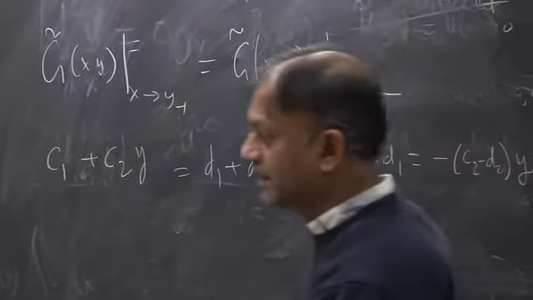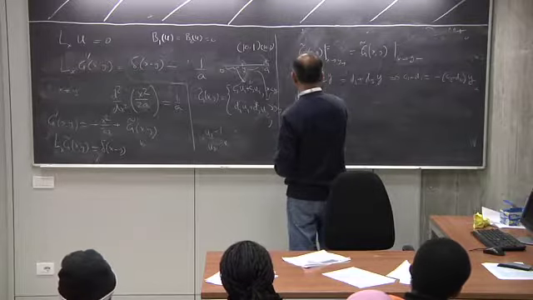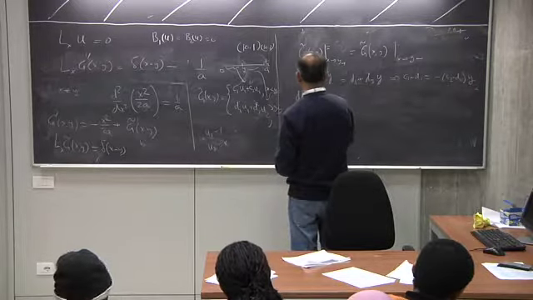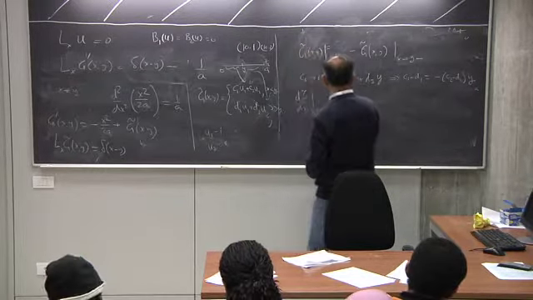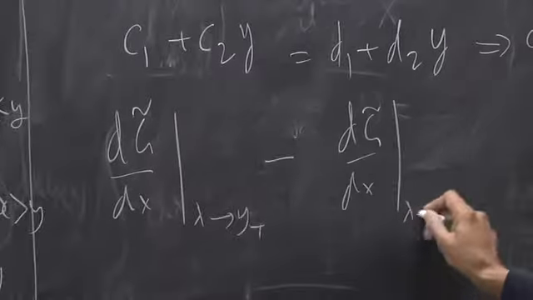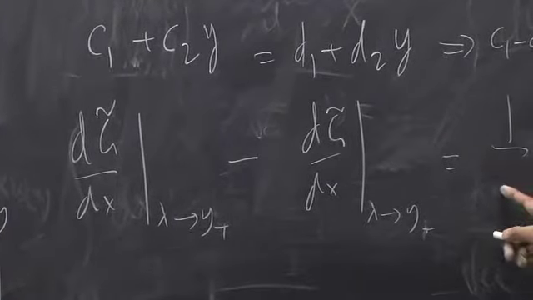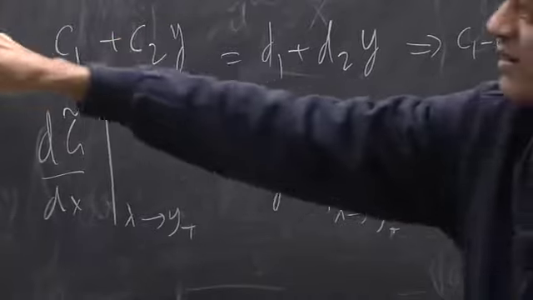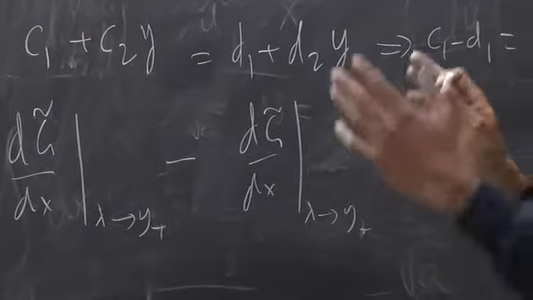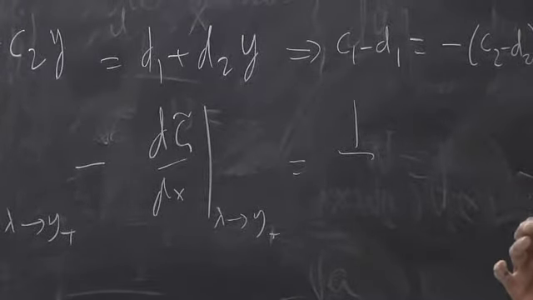That's one equation. Then for the derivative, the equation would be dg tilde over dx as x goes to y plus, minus dg tilde over dx as x goes to y minus, and that should be equal to 1 over a, sorry, this a is the coefficient of the second order differential term, but that is 1 for us, right?